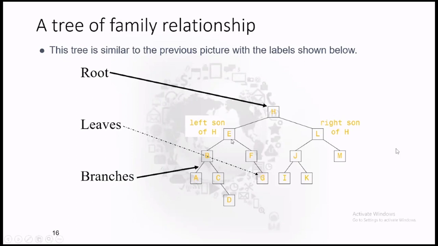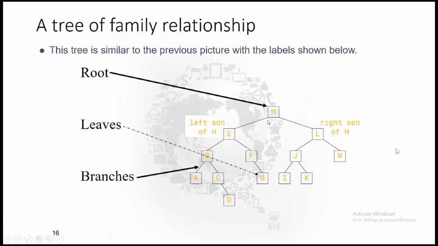We start to expand again, just like a family tree where it's going to expand, right? So E expands, maybe gets married, and expands so you get B and F. L also expands J, M until the end. You can see that each of these nodes, leaves here, have connections with each other.